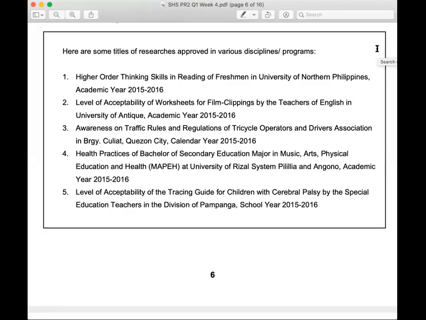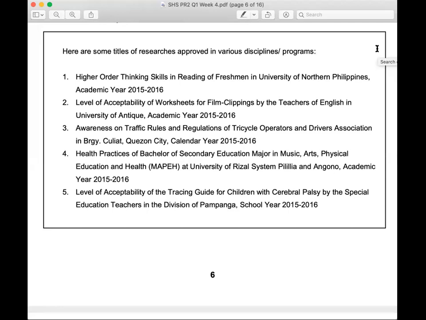So now that we have discussed the guidelines for formulating a good research title, as well as the characteristics of a good research title, let me share some research titles approved in various disciplines and programs, and let's take a look whether these fall within the characteristics and guidelines. Higher order thinking skills in reading of freshman in University of Northern Philippines academic year 2015 to 2016.